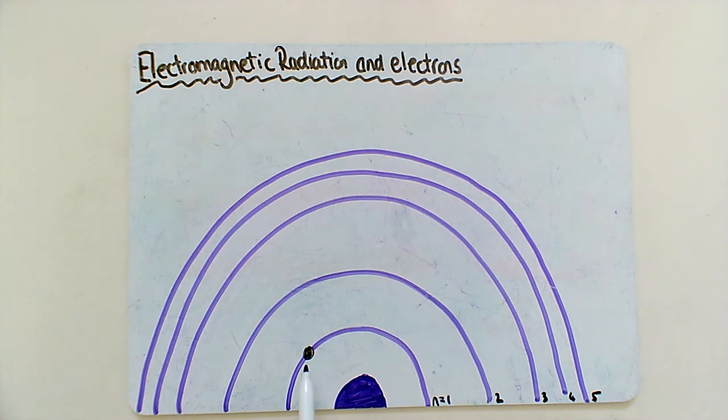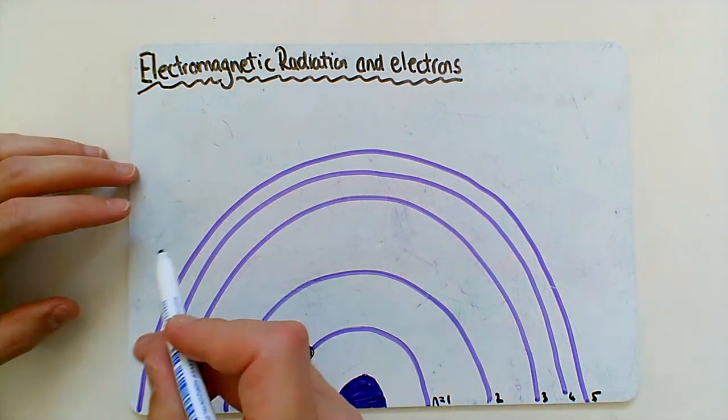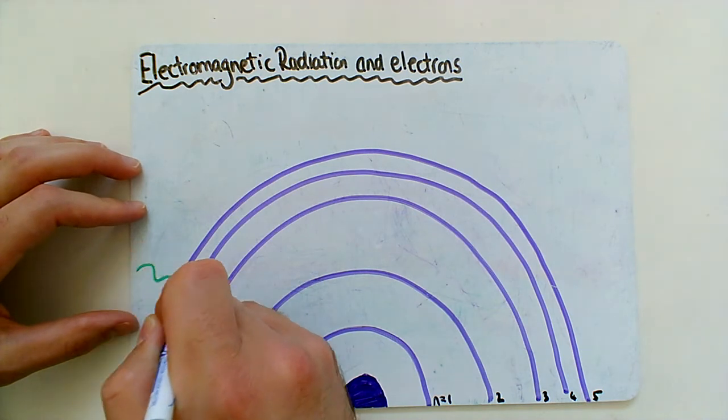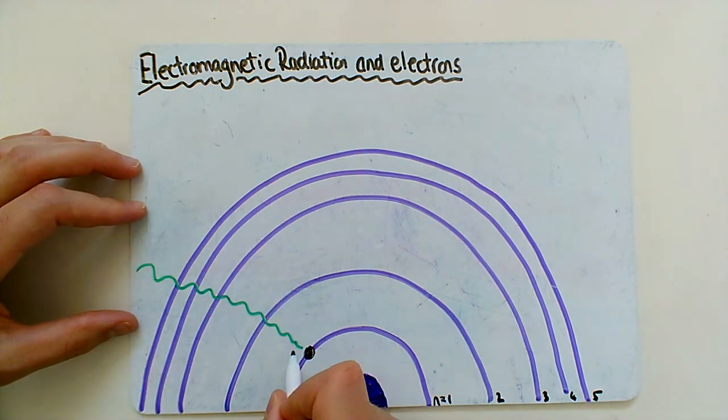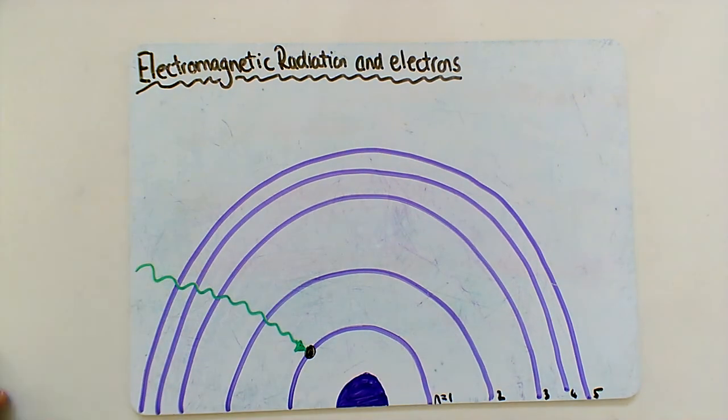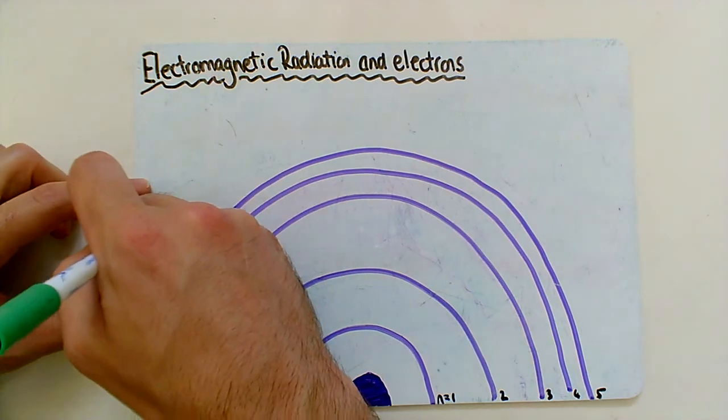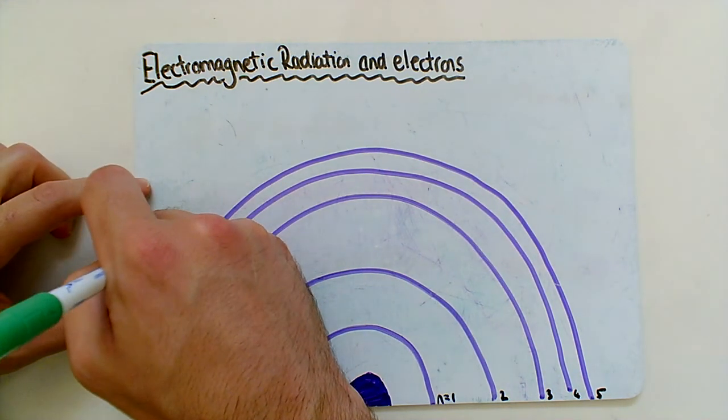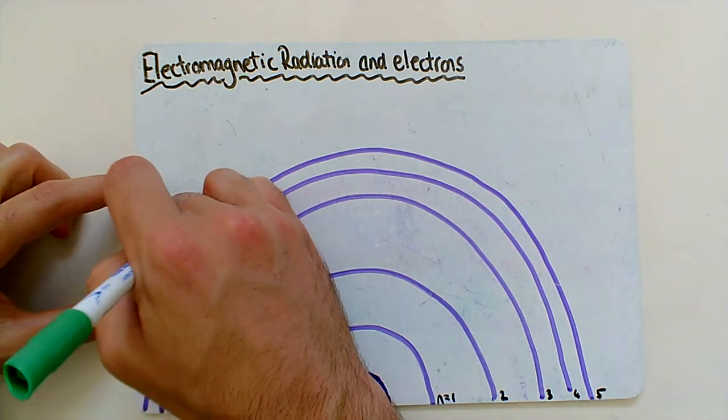So there are very exact wavelengths or frequencies of light that an atom can absorb and use that energy to move an electron from one energy level to the next. So we'll draw an illustration of that. If we've got a beam of light travelling in and it hits this electron, that has energy which is equal to hf.